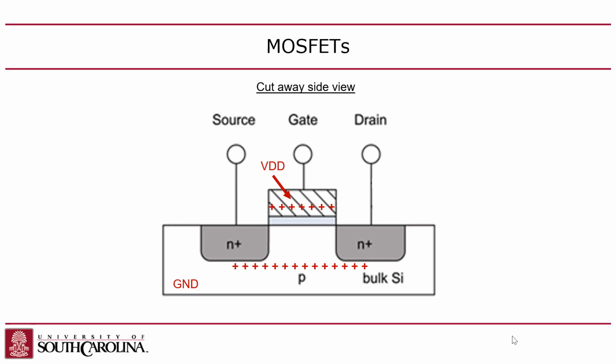Now initially, the channel is grounded, and so you basically have a capacitor where one terminal is the gate and the other terminal is the substrate, the bulk.